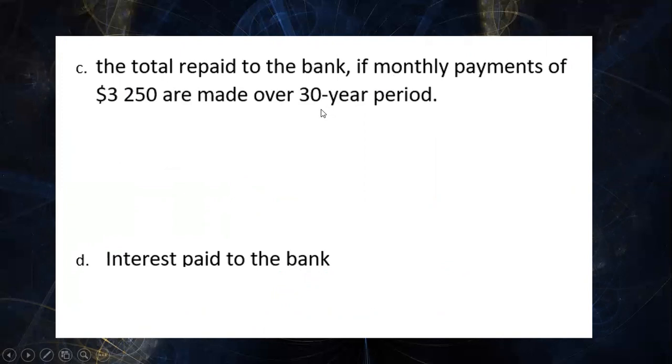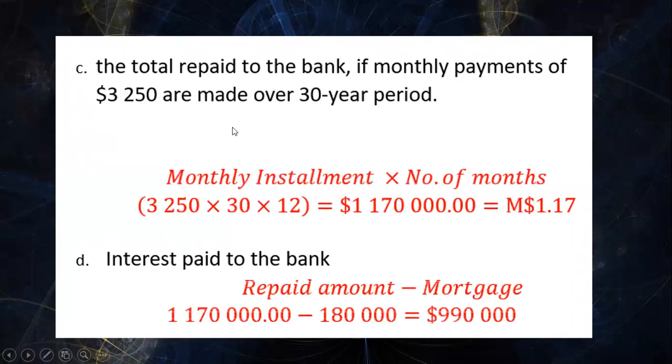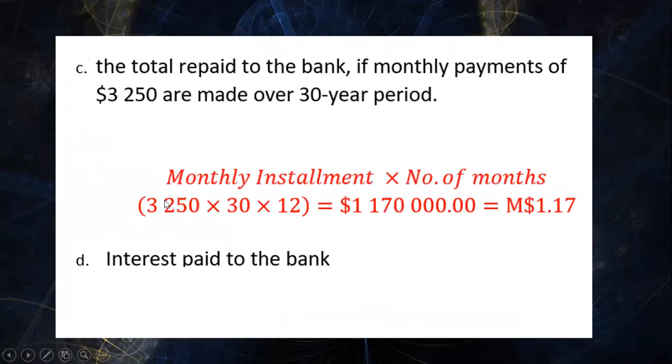If we know 12 months is 1 year, then for 30 years, it's going to be 12 by 30, which gives me 360. Take that 360 and multiply by 3,250. Or you can multiply all of them together. 3,250 multiplied by 30 multiplied by 12, which gives me 1,170,000 or 1.17 million. Any questions there?